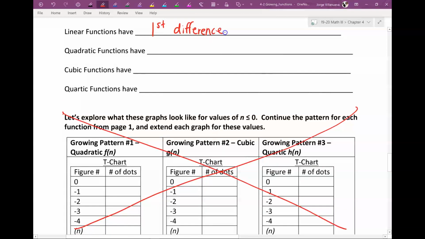If you get the same numbers after you subtract the first time, then that means it's linear. Well, quadratics are the second one. Cubics are the third difference. And quartic are the fourth difference. If it's a power of 5, then you have to do 5 subtractions total. Okay?